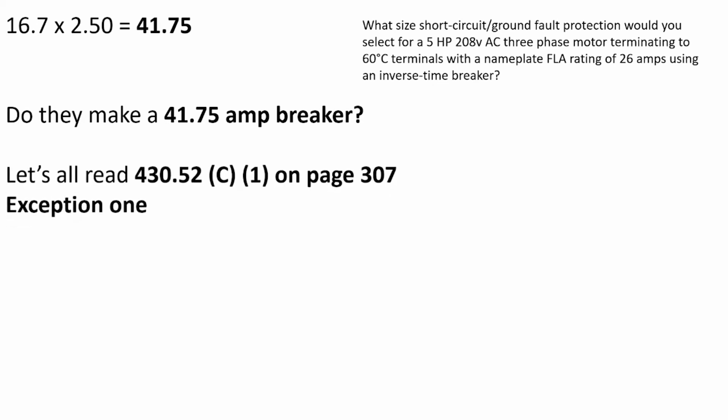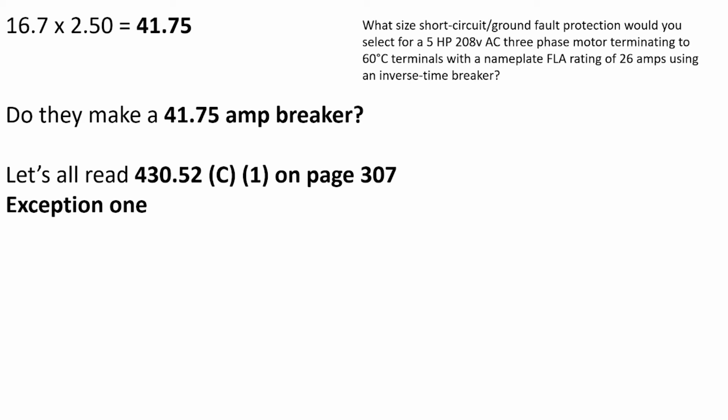Let's read 430.52(C)(1) on page 307, and we're going to be reading exception 1. The question is, they don't make a 41.75 amp breaker, but are we allowed to use the next size up rule when selecting this device, or do we have to go down and use the next size down? We're going to learn right here.